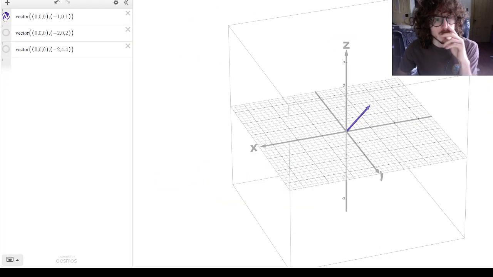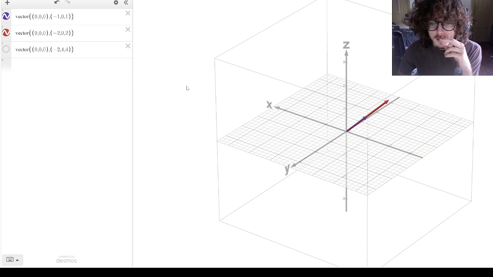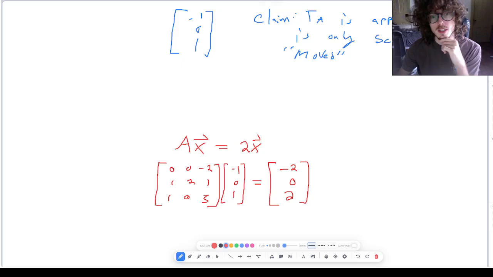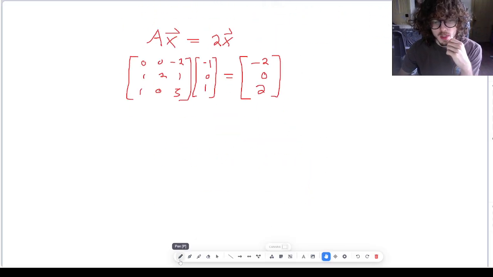And in fact, it looks like this. So our eigenvector was just scaled by 2 in the transform. And notice it's exactly 2. That's the eigenvalue itself.